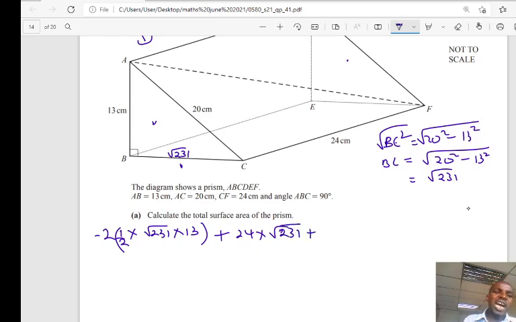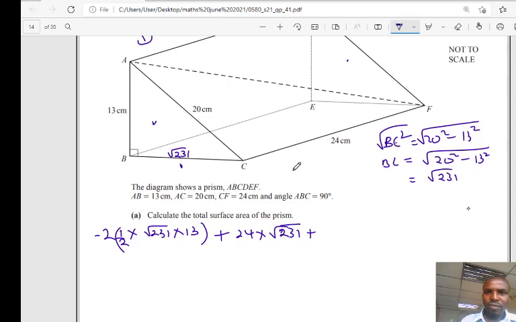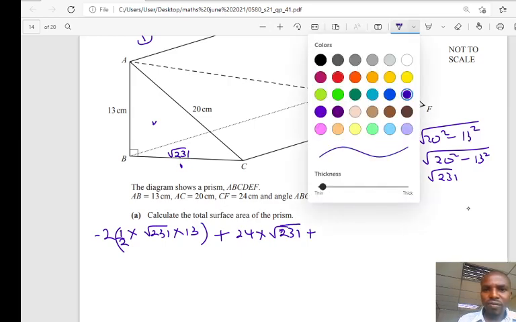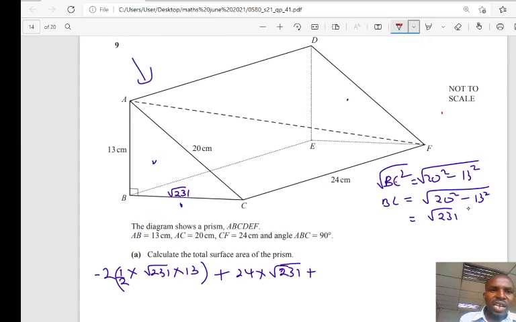Plus area of this back part. This back part is 13 and 24 this side.